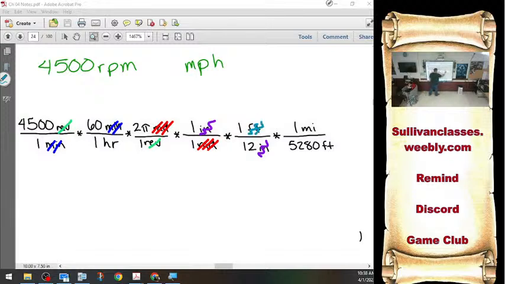And feet with feet. So all together, across the top, 4,500 by 60 by 2, 2, 62, 29,000, 90,000.